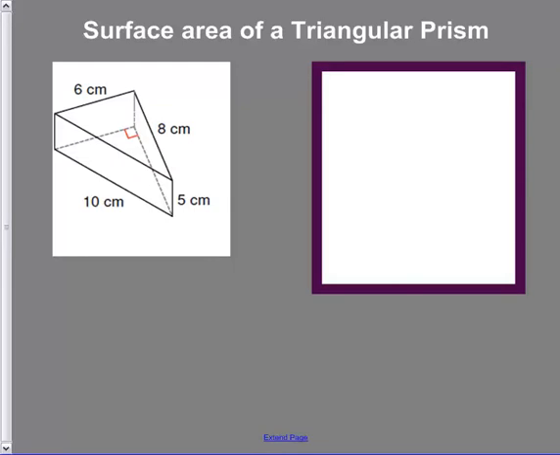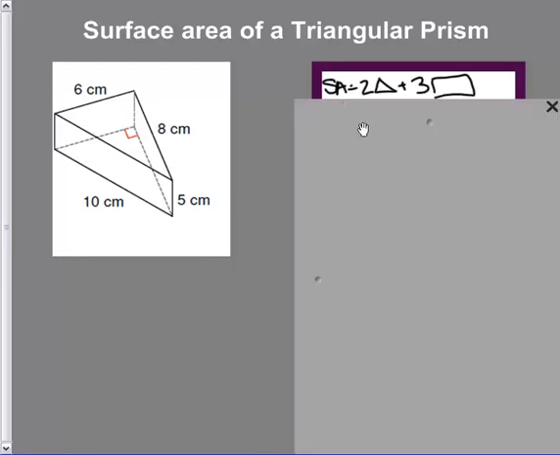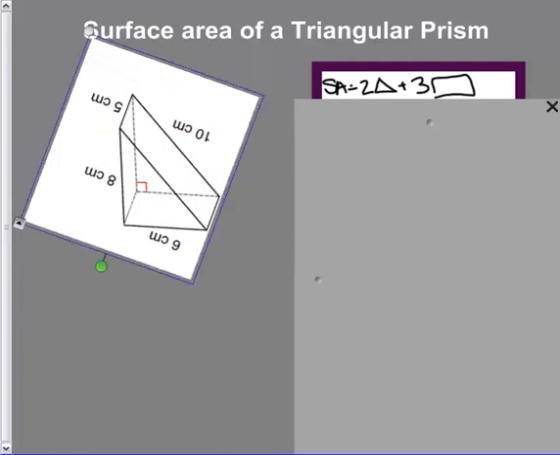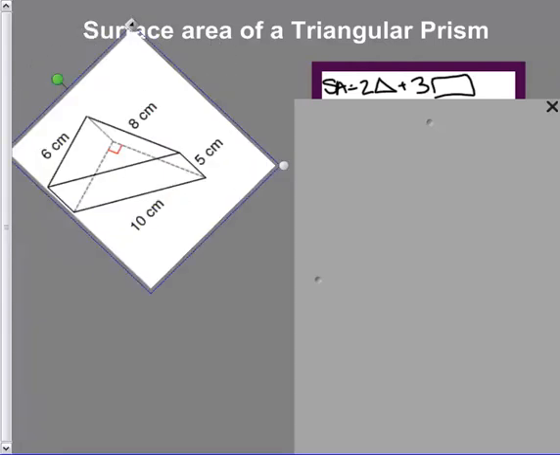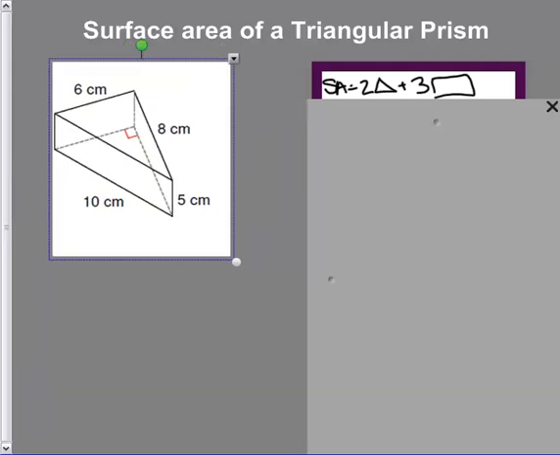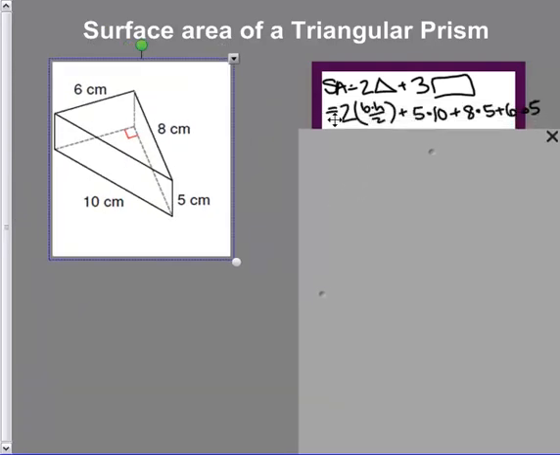Okay, here's my work. My first thought is I have two triangles, 6 by 8. If you need to, rotate it in your mind so you can see that this is the base of the triangle and this is the height. So 6 by 8, and we're going to multiply that triangle by 2 because we have two of them.